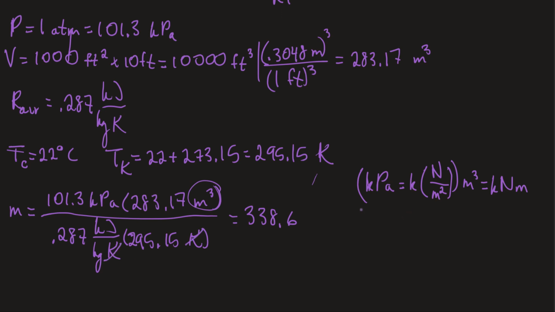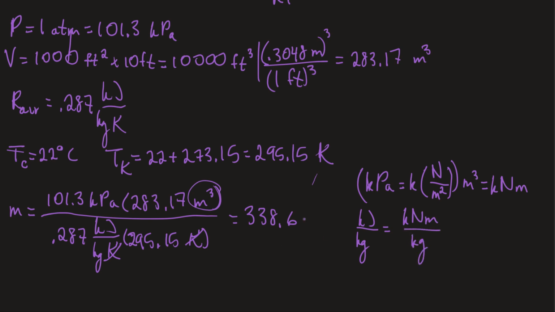And in the denominator, we have a kilojoule over a kilogram. Well, a joule is the unit of work, and work is force times distance. So force times distance gives us Newton times meter. So we have this kilonewton meter in the numerator, and we have this kilogram in the denominator.